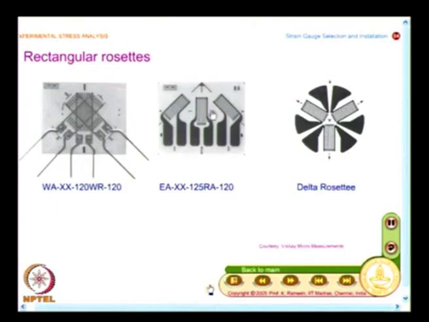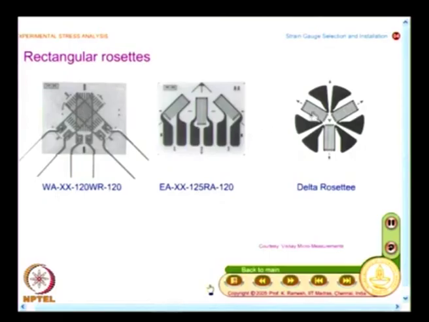This rectangular rosette is expected to measure strain at this point where these 3 strain gauges meet. On the other hand, this is good from an analytical thinking point of view, but there is a practical difficulty. It is going to generate a lot of heat, and particularly in bending applications this is not recommended.